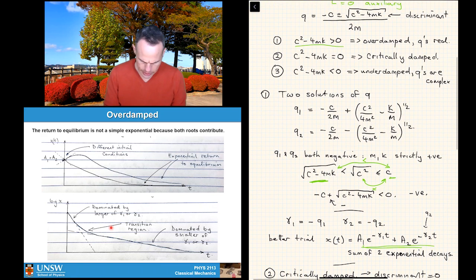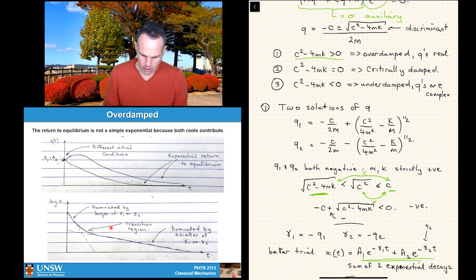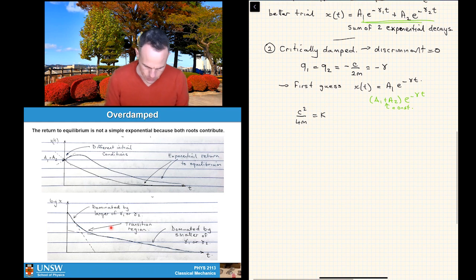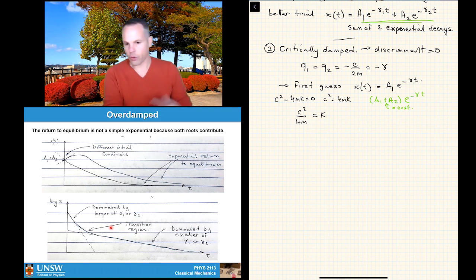This is really just taking the discriminant and knowing that it is 0, we can say c squared equals 4mk, and then we can just pull the 4m across, okay? So we can write this equation simply because we're in the situation where the discriminant is equal to 0 and not greater than or less than 0.